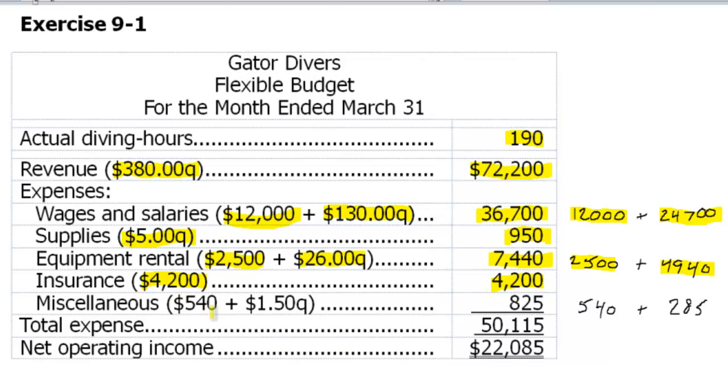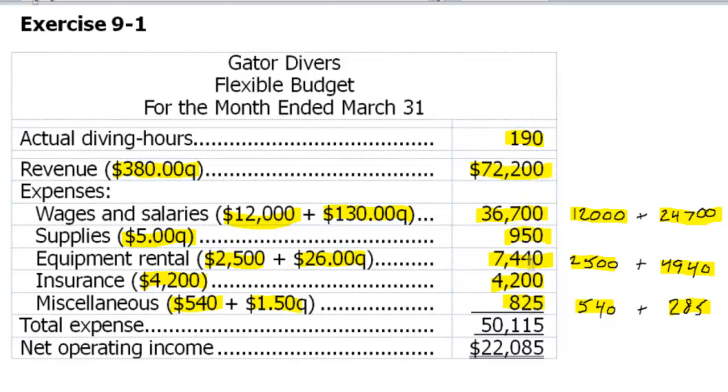Miscellaneous expenses, these are everything else that kind of fits into the miscellaneous category. Fixed of $540 plus a variable rate of $1.50 times actual diving hours. So take the $540 plus the product of 1.50 times 190, which is $285, and you end up with miscellaneous budgeted expenses of $825.